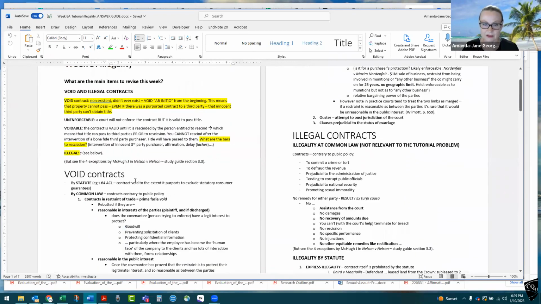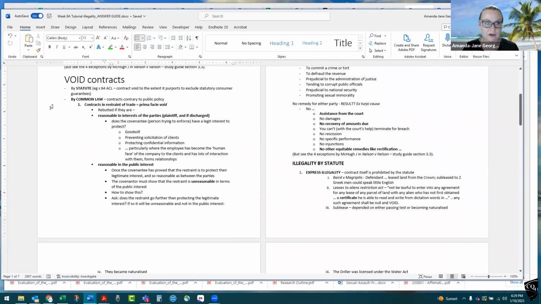Okay, so here, contracts in restraint of trade. Generally speaking, you find these little beasties in employment contracts, and they will say things like, for a period of 5 years after employment, Joe Bloggs will not work as a lawyer, for example.